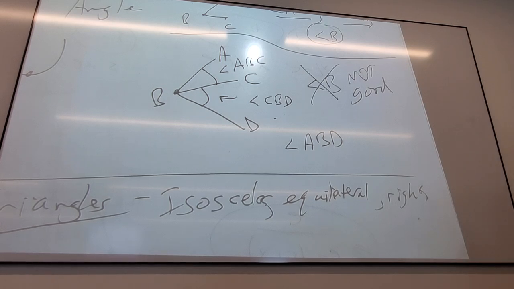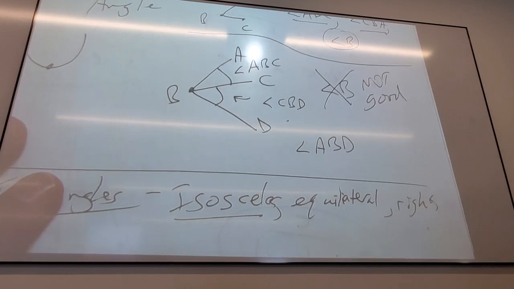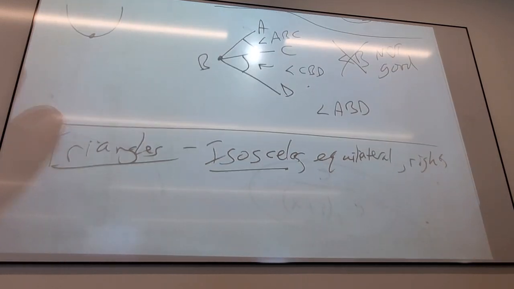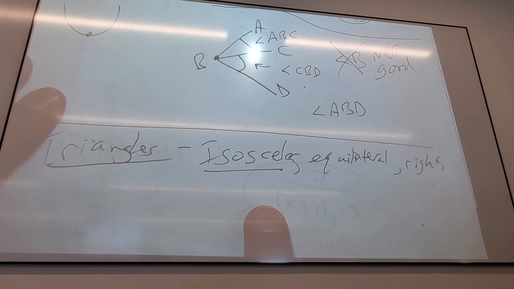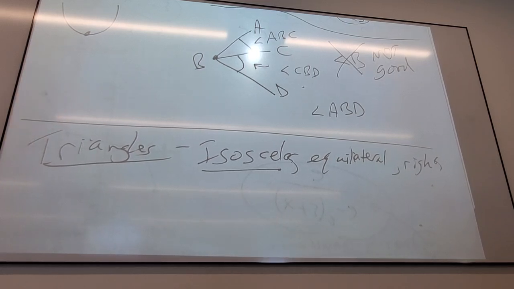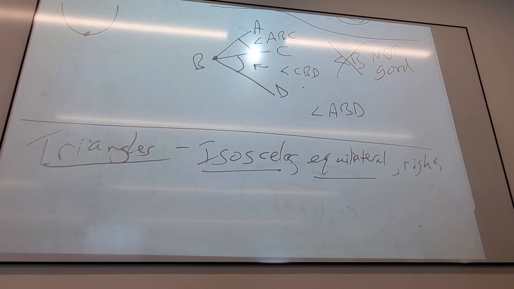What's true about isosceles triangles? What is the most important defining quality of an isosceles triangle? Two sides that are the same length. So if it has exactly two sides that are the same length, it's officially just isosceles. What makes something equilateral, of course? All sides are equal, right?